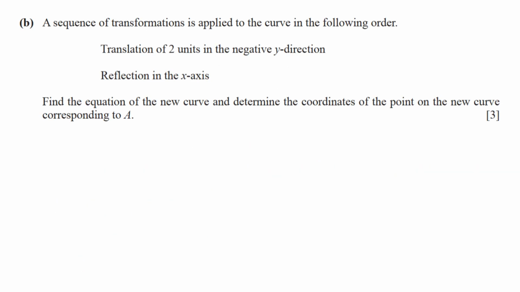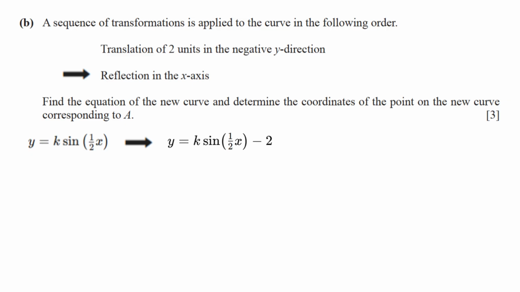Here, a sequence of transformations is applied to the curve y is equal to k sine 1 over 2x. The first transformation applied is translation of 2 units in the negative y direction. So the given curve y is equal to k sine 1 over 2x transforms into y is equal to k sine 1 over 2x minus 2.